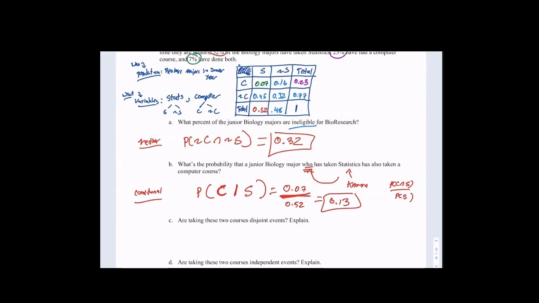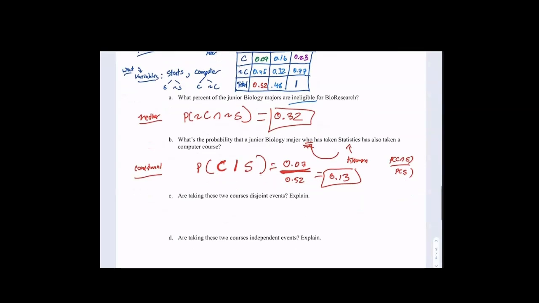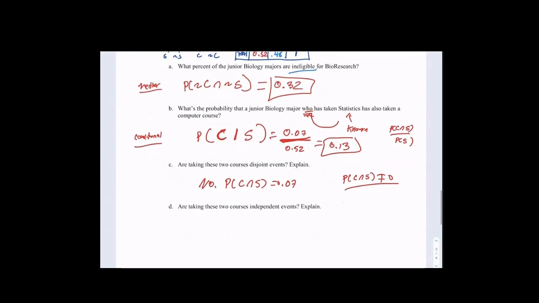Are they disjoint? The answer is no. They are not disjoint. The probability of C and S is 0.07, so you can have them both occur. Disjoint means they cannot. It is not equal to 0. You could have also said C and S does not equal 0. That's basically what we're saying.